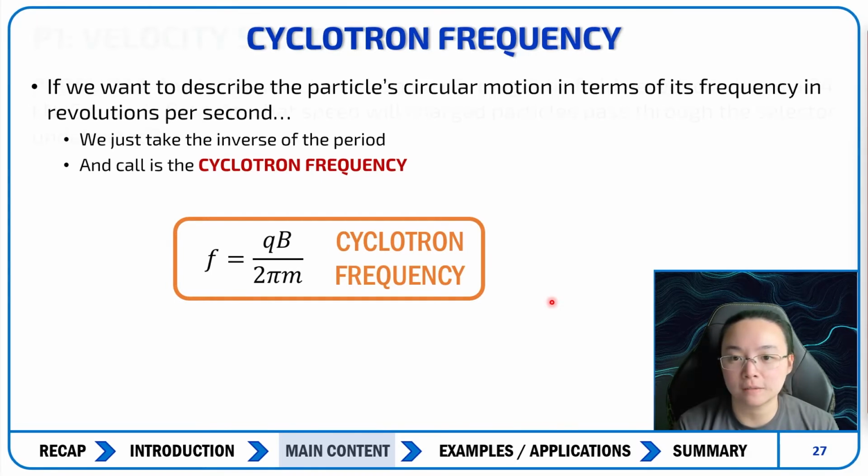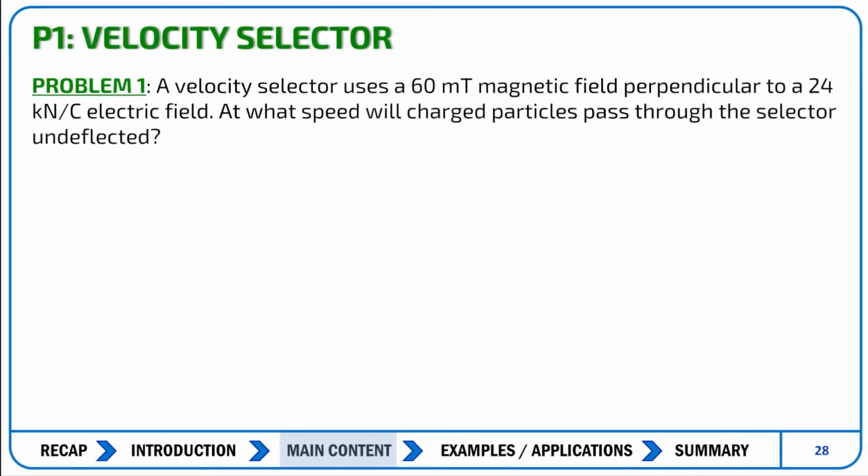Okay, in this problem, we have a velocity selector that uses a 60 millitesla magnetic field perpendicular to a 24 kilonewton per coulomb electric field. At what speed will charged particles pass through the selector undeflected?